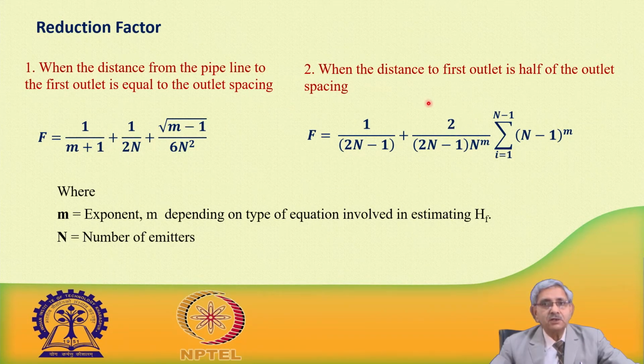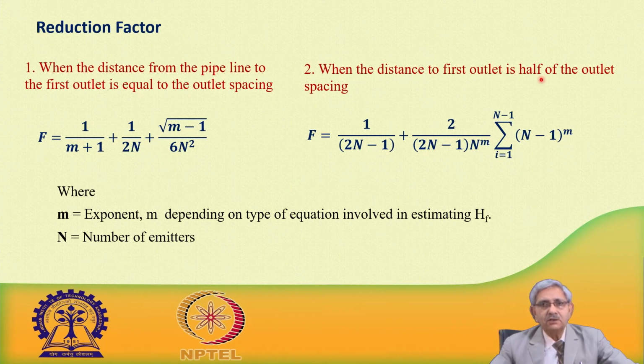And when the distance of the first outlet is half of the outlet spacing, let us say we are keeping the spacing between the outlets, the drippers, 2 meter apart. So, the first emitter kept in the lateral pipeline, when we are attaching with the sub main, will be at 1 meter, and then all other remaining emitters will be at 2 meter spacing. So, this is the arrangement.